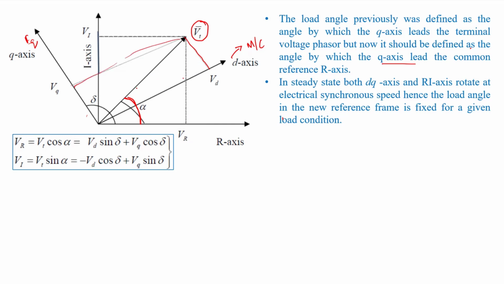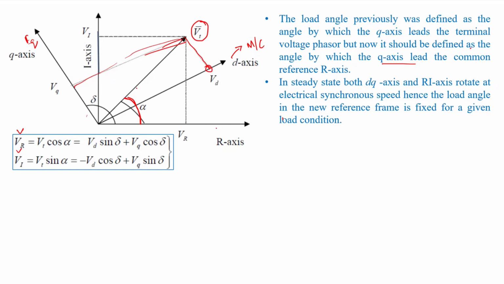Now I can find how VD and VQ, or VR and VI, will look if I represent them in terms of each other.